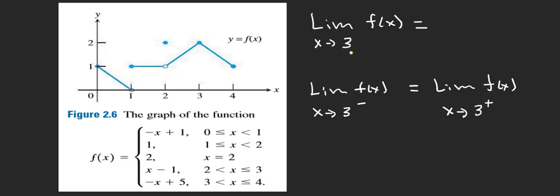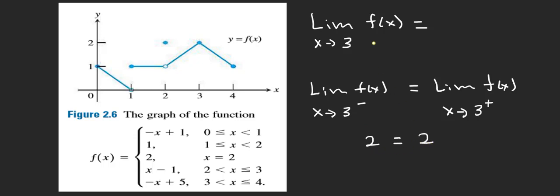What about as you approach 3? Well, we have to check whether these two are equivalent. When you approach 3 from the left, you're approaching the y value of 2, as you can see. What about 3 from the right? As you approach 3 from the right, you're approaching 2 as well.